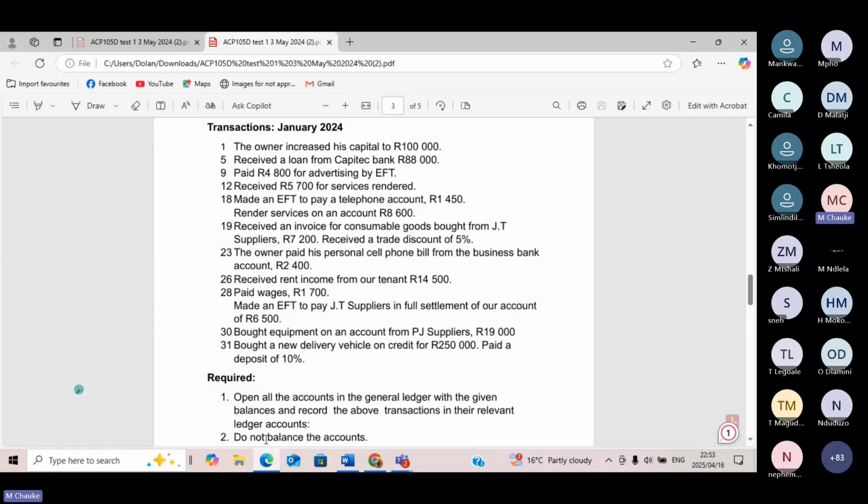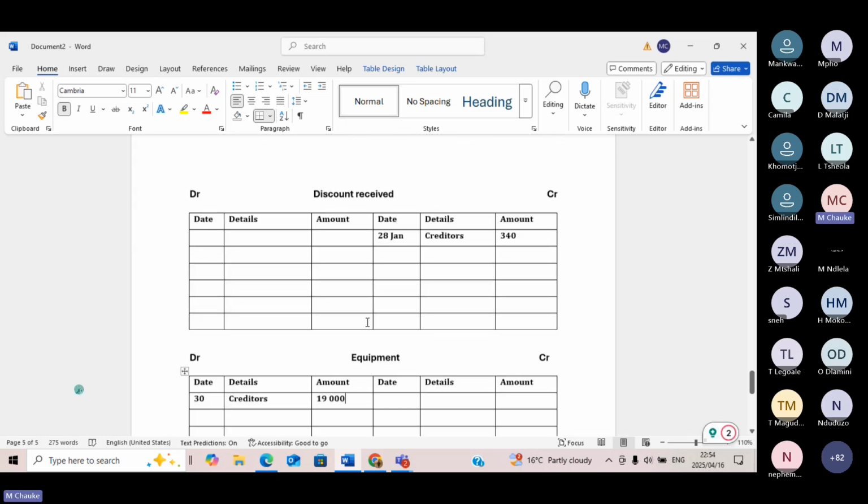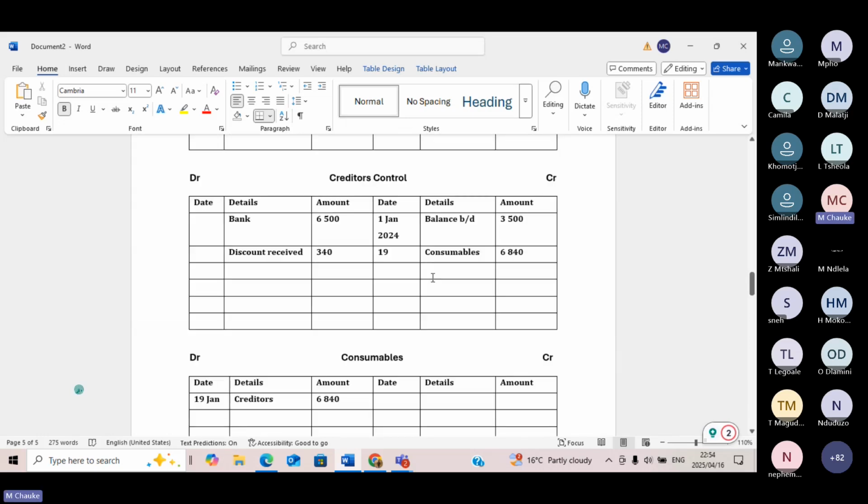We bought it for 19,000. So you're gonna say 19,000. Right? And then we go to creditors. There's an increase in creditors due to the fact that we bought equipment on credit. So we're gonna go to creditors and increase our creditors with equipment of 19,000.